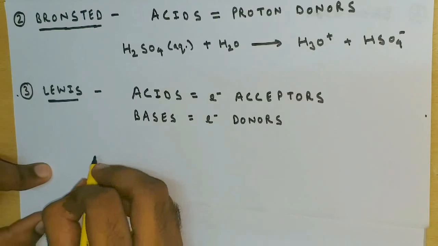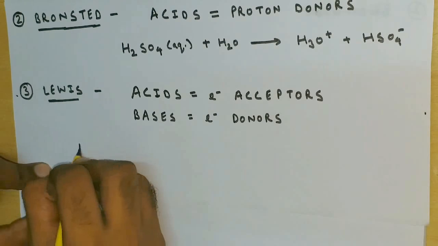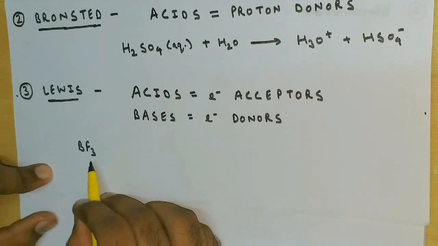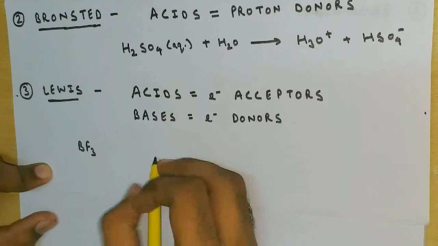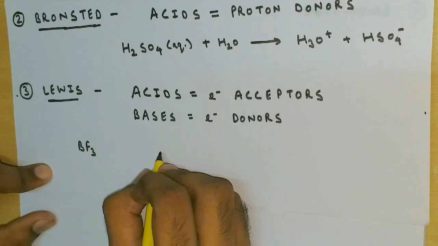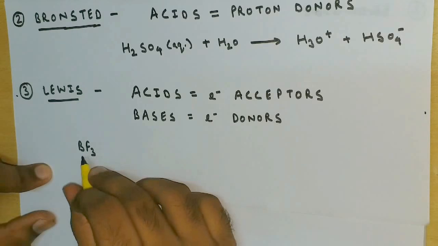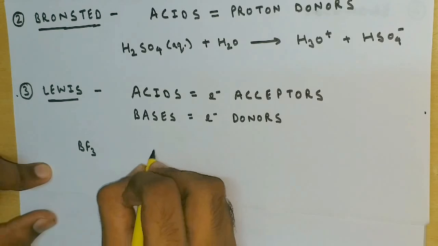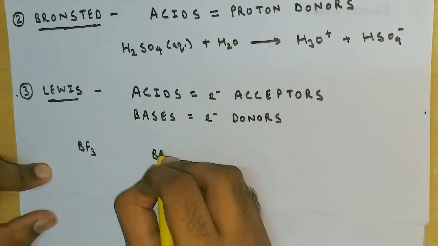To understand this, let's first consider a Lewis acid, for example BF3 or boron trifluoride. In order to understand why BF3 acts as a Lewis acid, we have to look at its structure. Boron is the central atom with sp2 hybridization and trigonal planar geometry. So this is how the molecule looks.